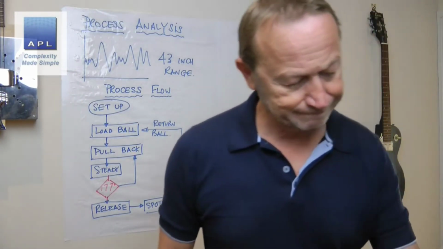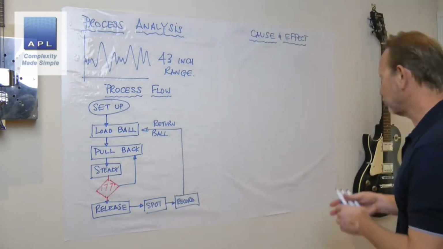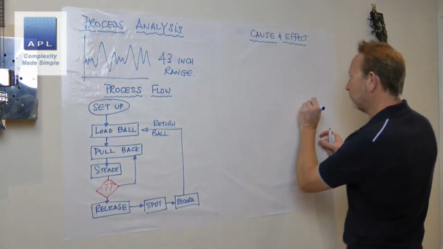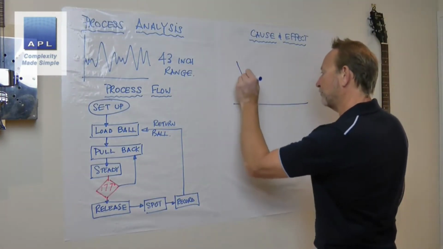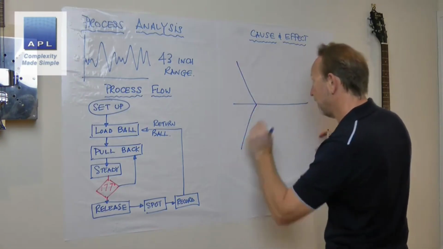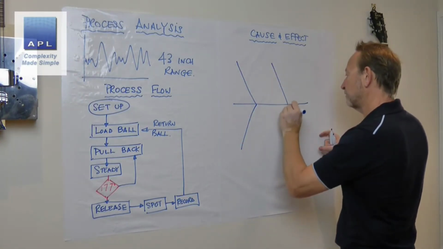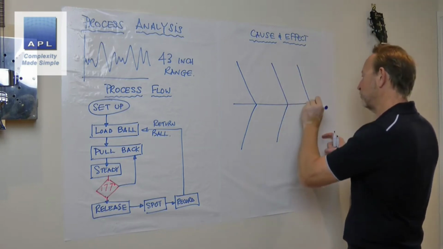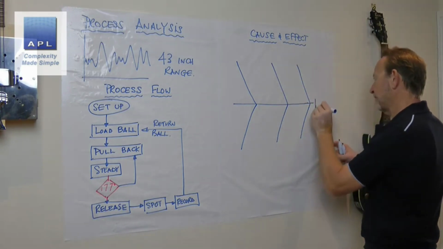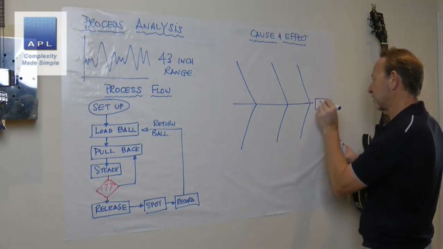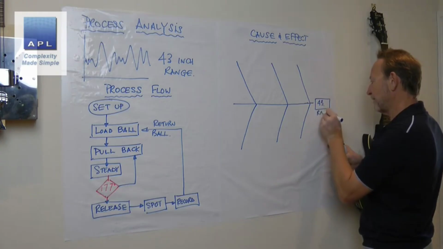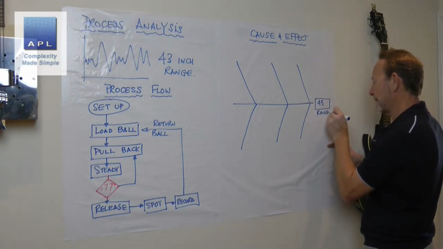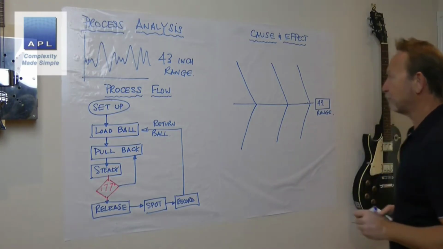So let's get the cause and effect diagram drawn then, and then we'll show you how to fill this thing in. So six bones, I suppose, on your fish bone. The effect out here is the 43-inch range.